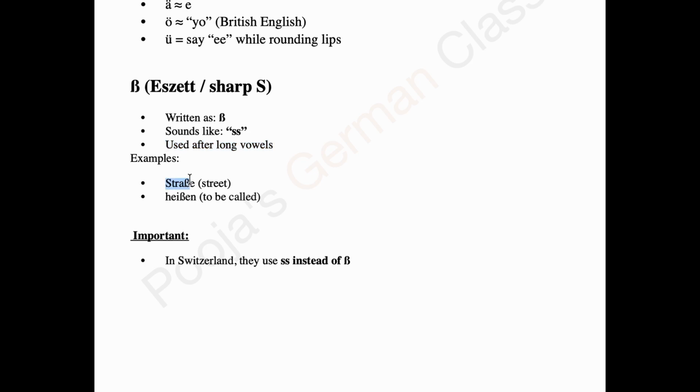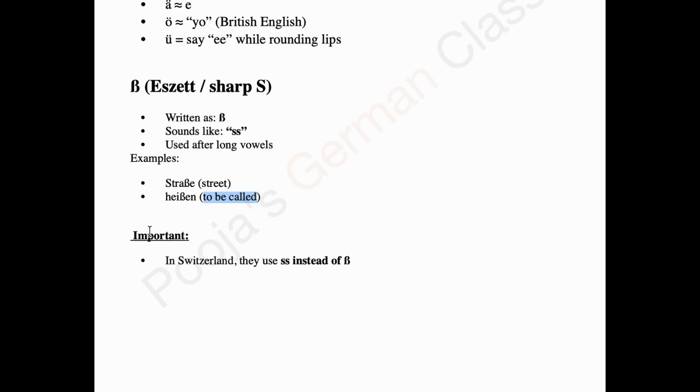Examples, Straße. What is this word? Straße. It means street in English. Next example we have heißen. Heißen is a verb which means to be called.